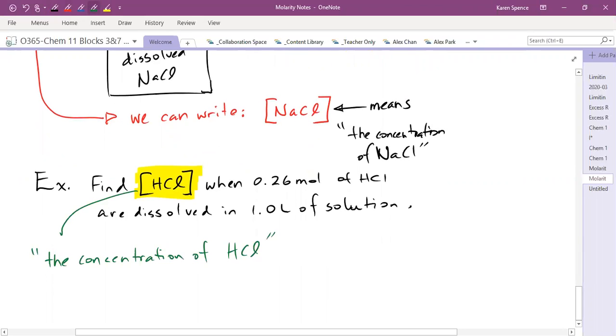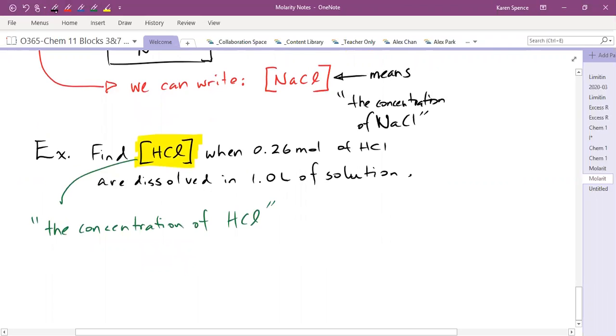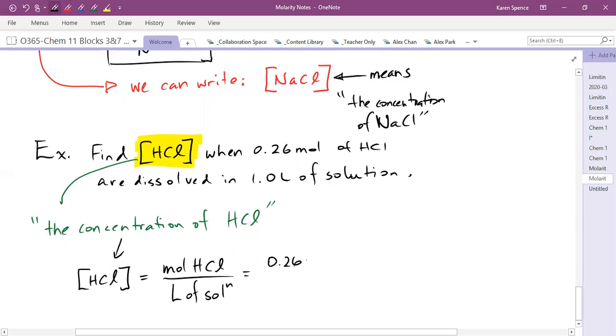Okay, so how would we show our work for that? Well, we would write the concentration of HCl like this because it's just too long to write out, is equal to the moles of HCl per liters of solution. Then we simply plug in our numbers from the question: 0.26 moles is how much HCl we have per 1.0 liters.